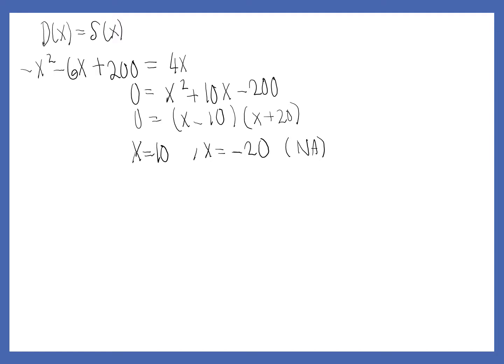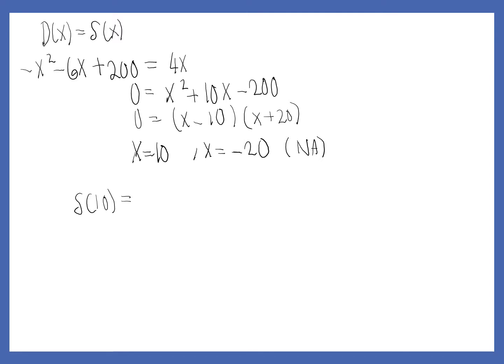So x means the quantity. Okay. Then now we want to find the price. We can substitute the value of x equals 10 in the demand function or in the supply function.